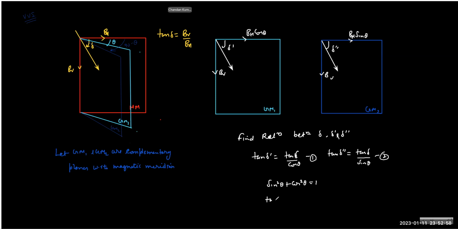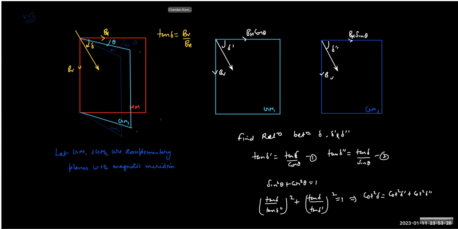So we can write tan delta upon tan delta dash whole square plus tan delta upon tan delta double dash whole square. Is this clear, guys? So this implies cot square delta dash, or cot square true dip, is cot square delta dash plus cot square delta double dash.